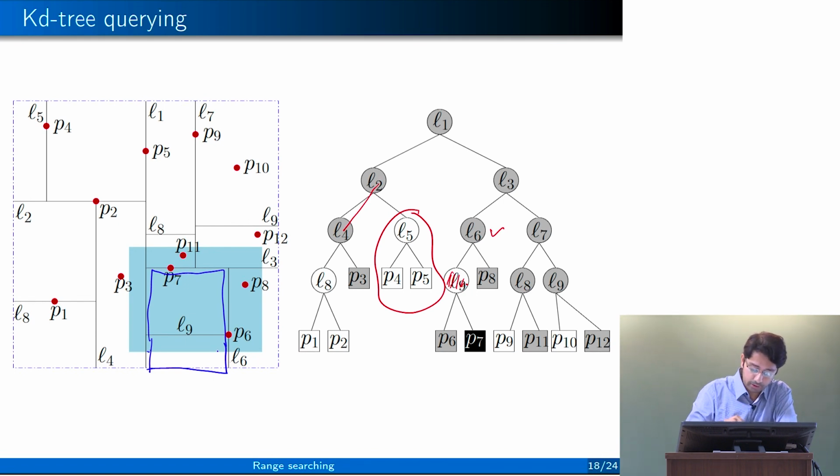Okay, sorry, my mistake. So this is L9. L9 divides the query into two parts.